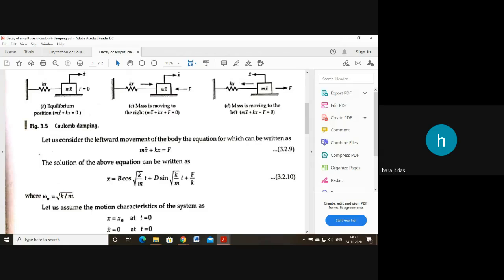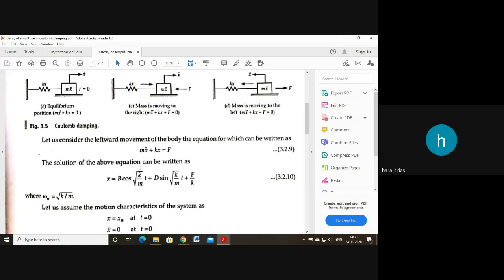In simple form, this equation is taken. Already we have seen the solution of this type of differential equation, where the solution is given by C1 cos omega n t plus C2 sine omega n t. Because there is a term on the right hand side, earlier it was 0, now it has some value, the frictional force, that is why it is written as F upon k. Understood?